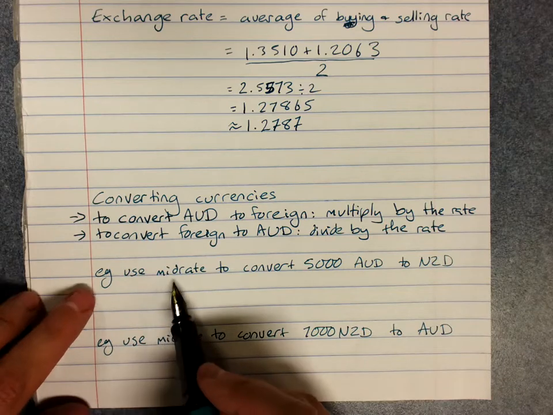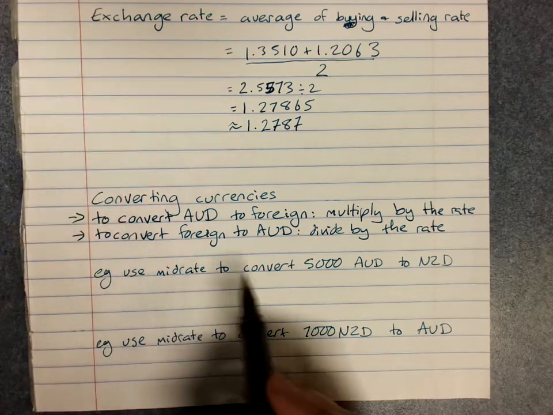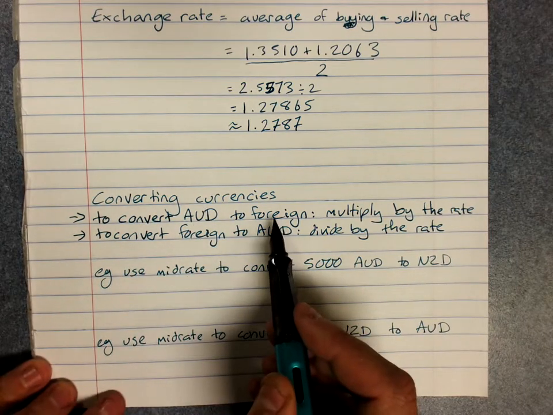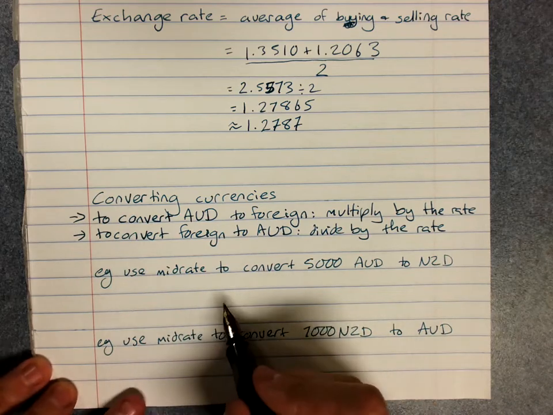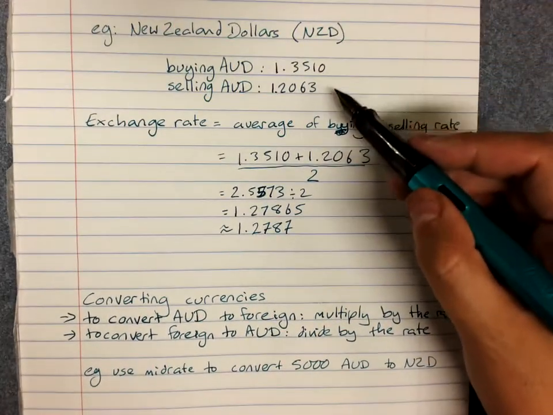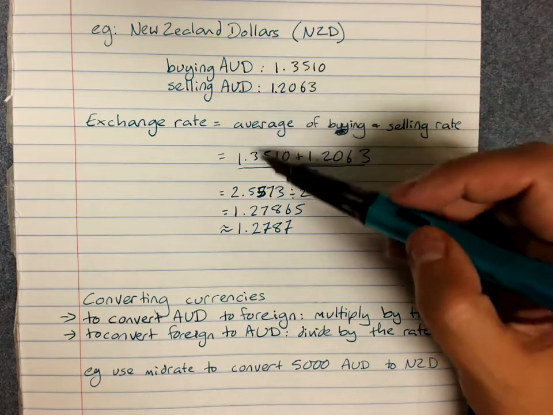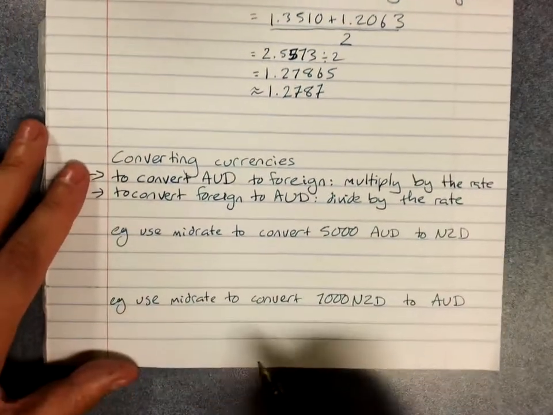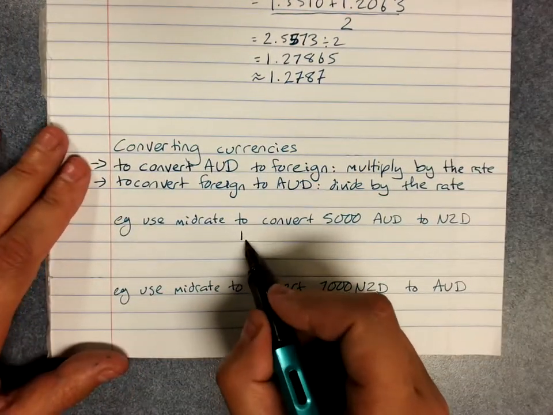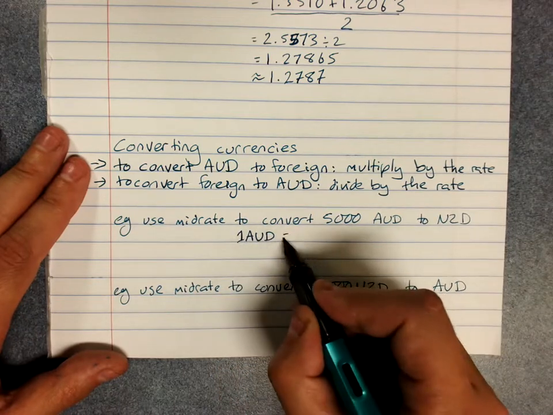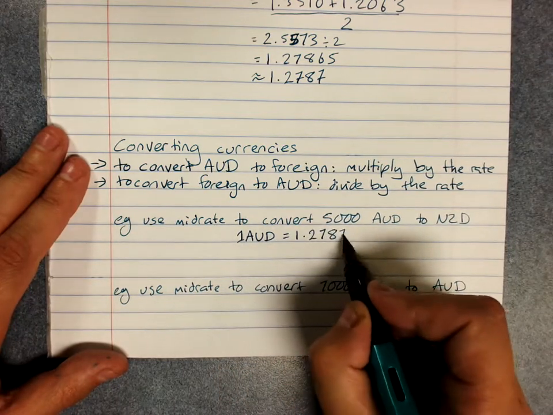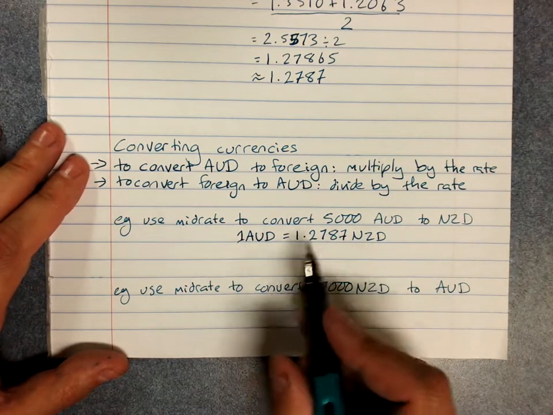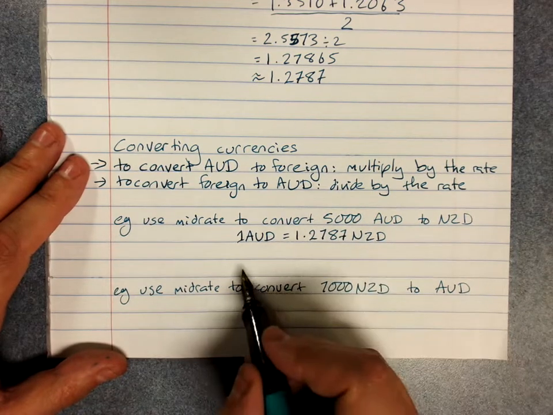So use the mid rate, that is the one that we just worked out, to convert 5,000 Australian dollars to New Zealand dollars. We're going from Australian to New Zealand, so we're going to multiply. And it makes a lot of sense because what this little number up here says is that 1 AUD is 1.2787 New Zealand dollars. So obviously if 1 Australian dollar is this many New Zealand dollars, then I want 5,000 Australian dollars.